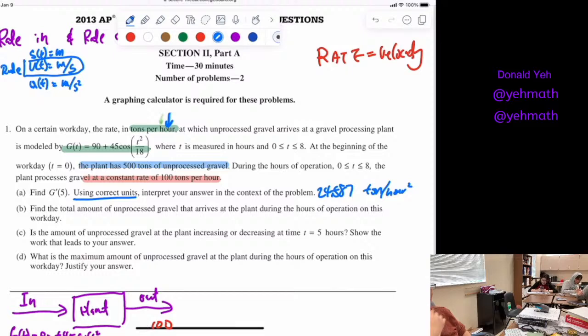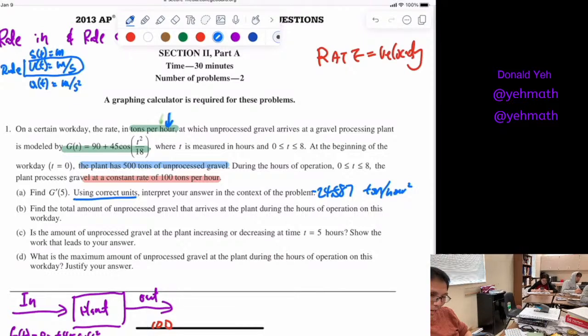It's negative. Oh, negative, good. So negative 24.587. So what are you supposed to write? Since this is G prime, anything prime, you say it's increasing or decreasing.